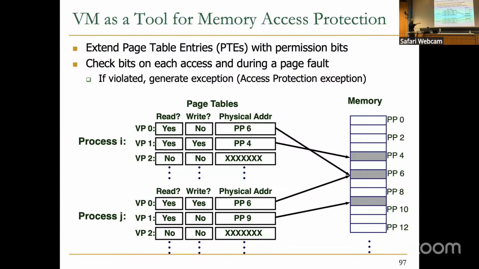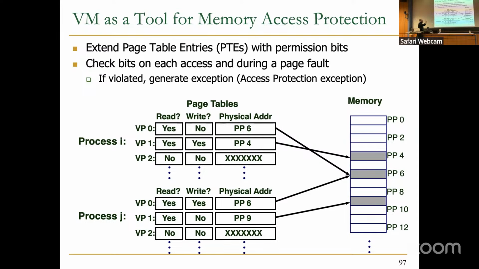Again, in the same example, we have two processes and we extended the page table entries with permission bits. Right now, you can see two different page tables here, with different permissions for each page. And we want to check the bits on each access, when we translate.